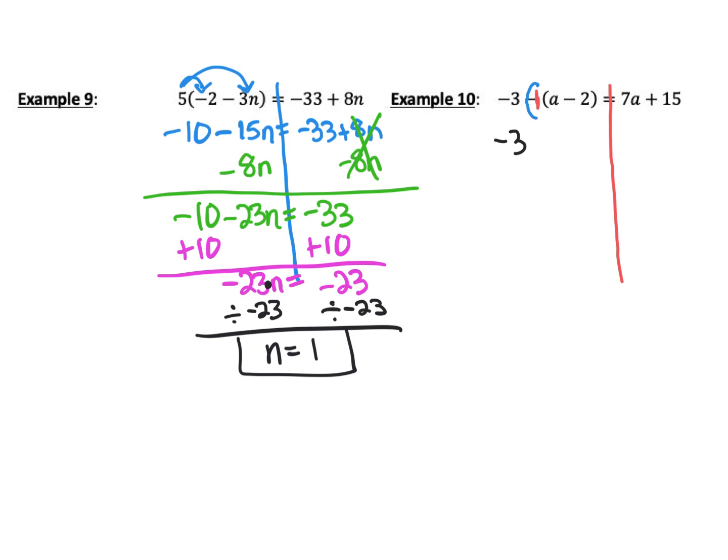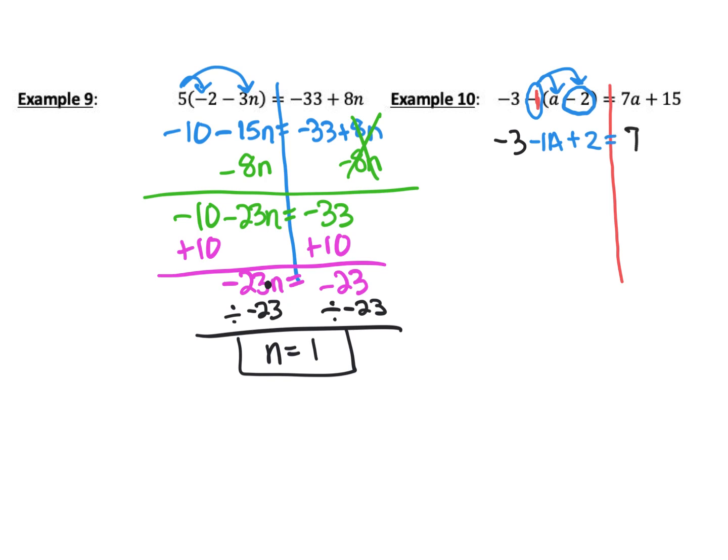Then I'm going to take my negative 1 and multiply it in. Negative 1 times a is negative 1a. And then negative 1, and I like to look at it as times negative 2 is positive 2. Or you can have it as minus a negative, which we also still know as plus 2.